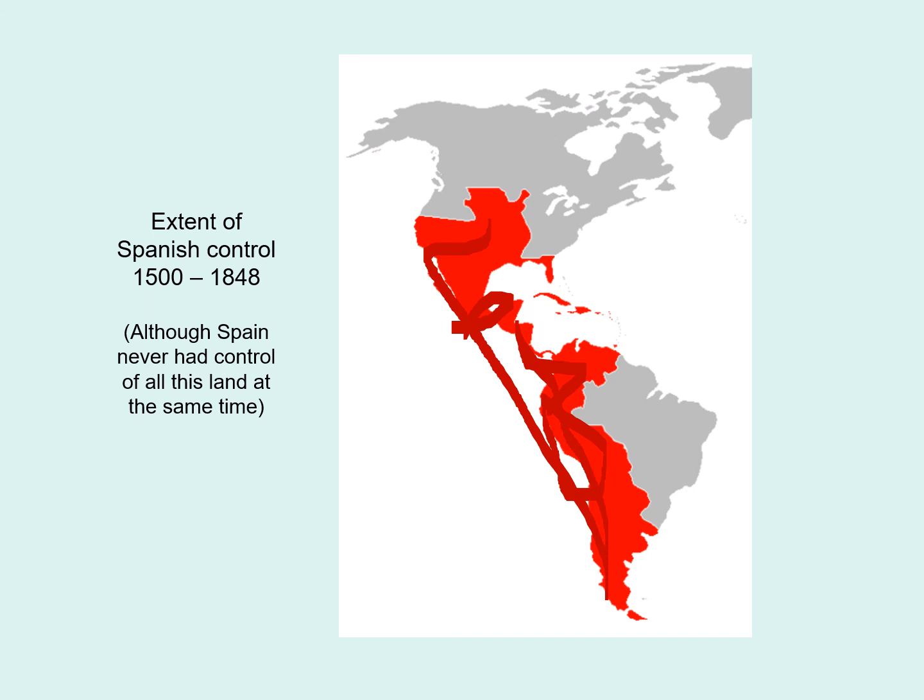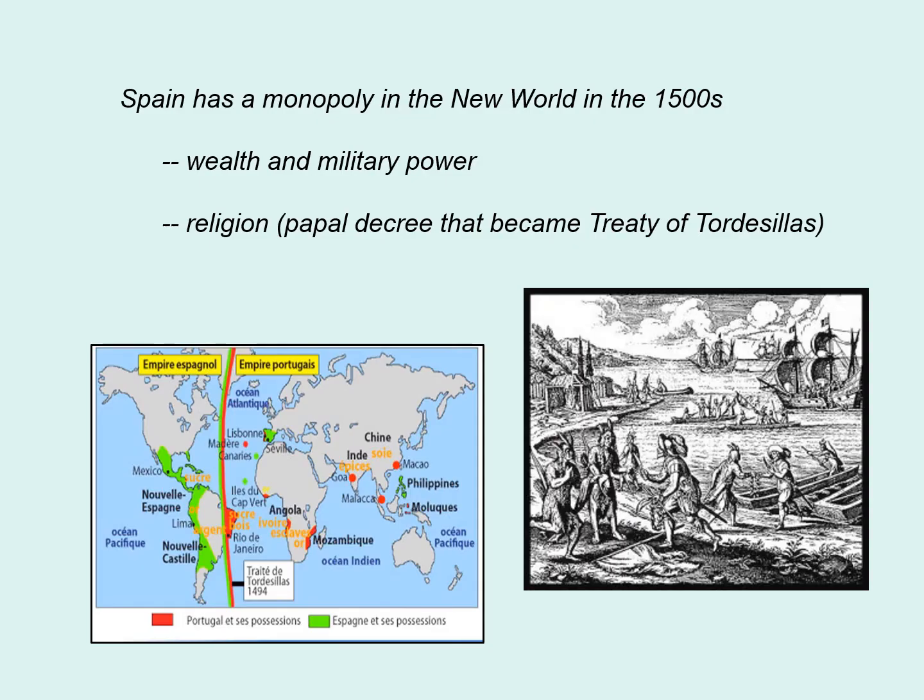Spain becomes extremely wealthy then, bringing back the riches from the New World to the Old. The Spanish military, their navy in particular, will be strengthened as well to protect that empire. And so we can easily say that Spain has a monopoly on the New World in the 1500s.